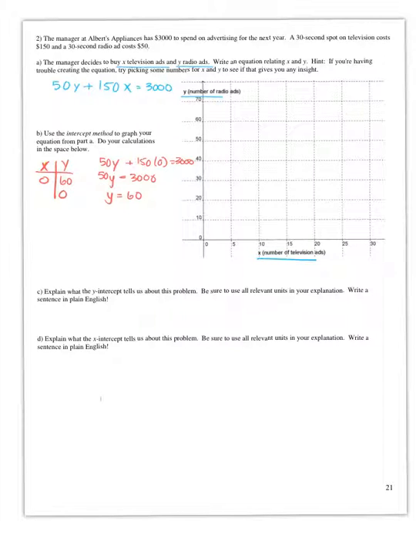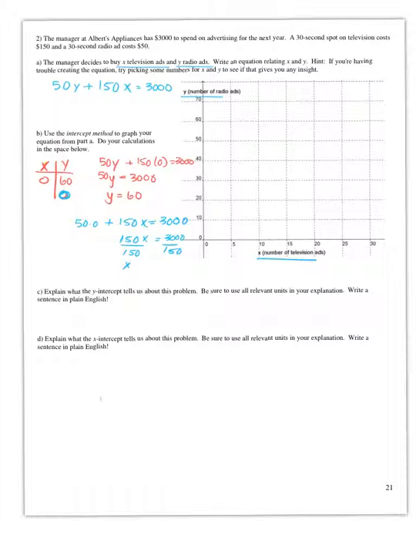Next, we'll find the x-intercept by letting y equal 0 and solve for x. We'll divide both sides by 150.